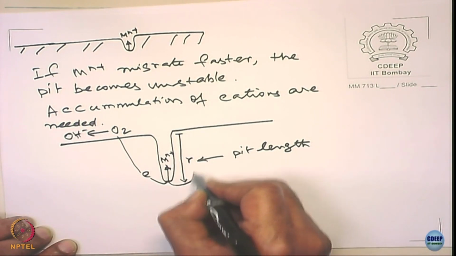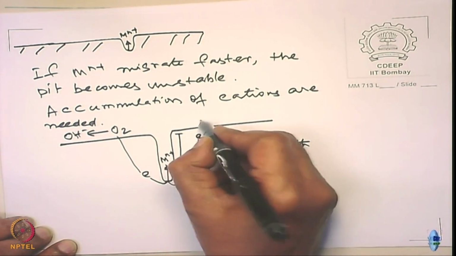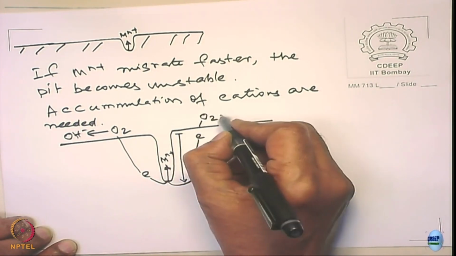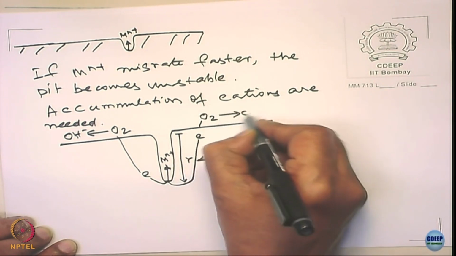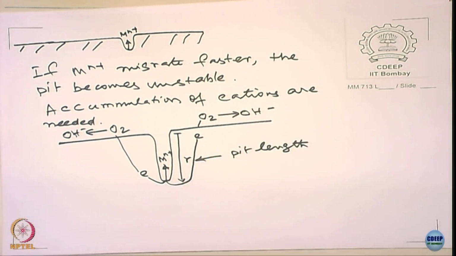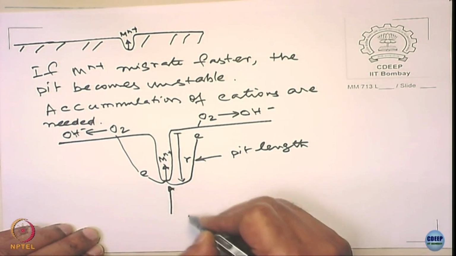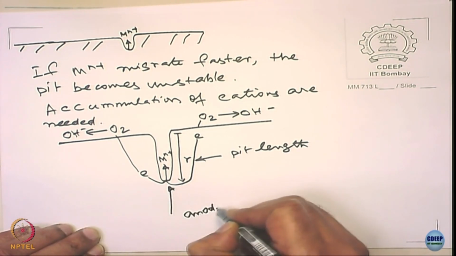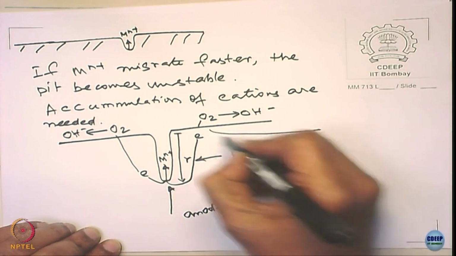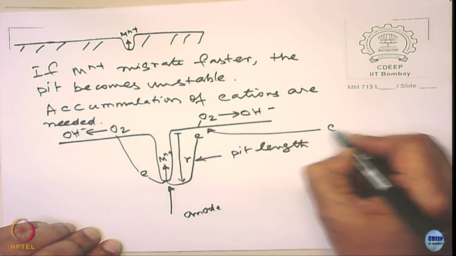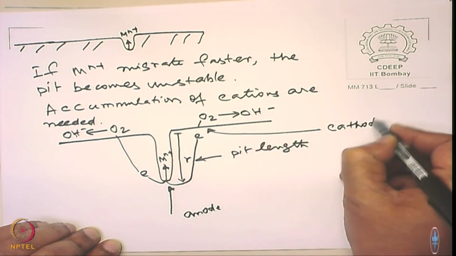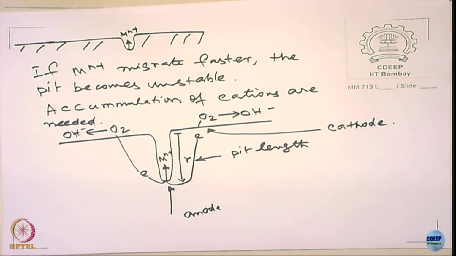The electrons also can travel here, combine with oxygen here, and it can form hydroxide, whatever it can form. So you have an anode here, and here you are going to have a cathode. I think most of you are engineers now, right?